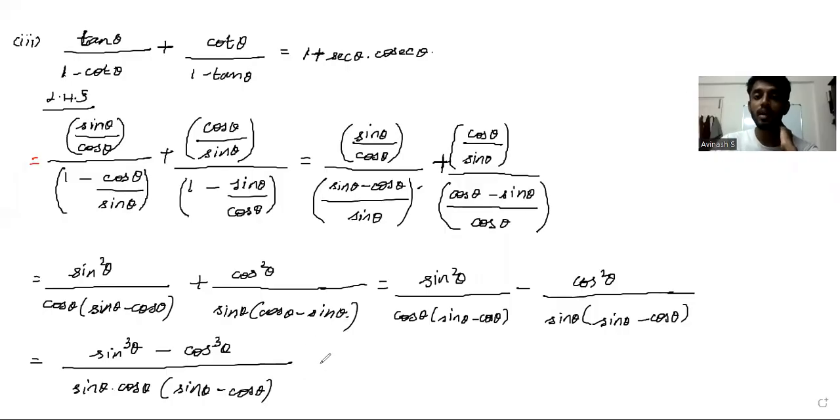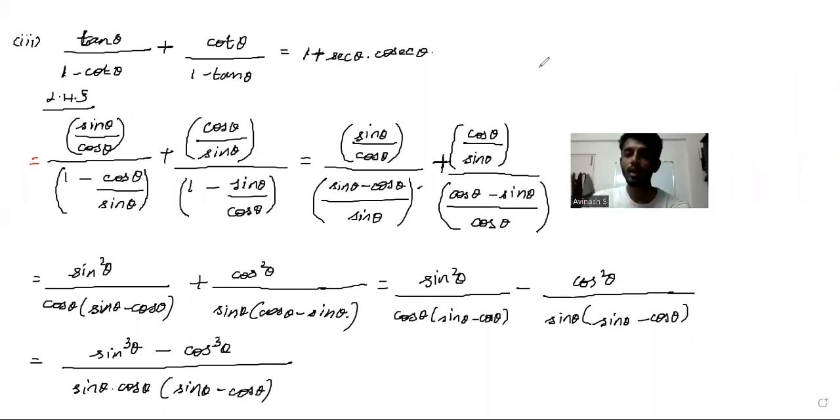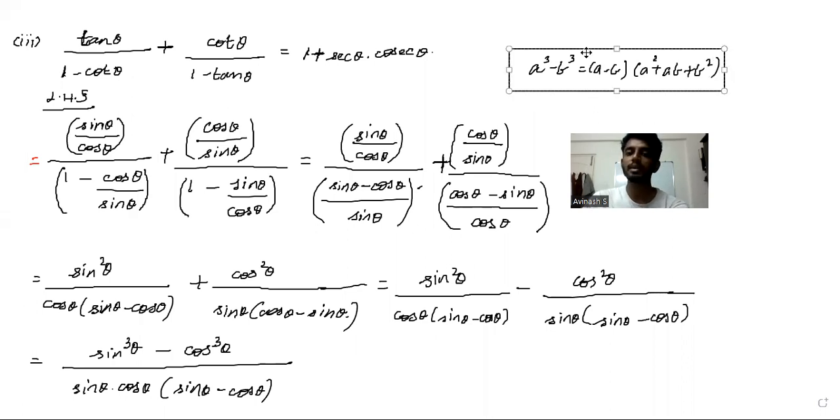So what we do now is we're going to apply a cube minus b cube formula. So let me write the formula here. a cube minus b cube is nothing but a minus b into a square plus ab plus b square. So this is the formula. We are going to apply this formula because the left hand side resembles sin cube theta minus cos cube theta.